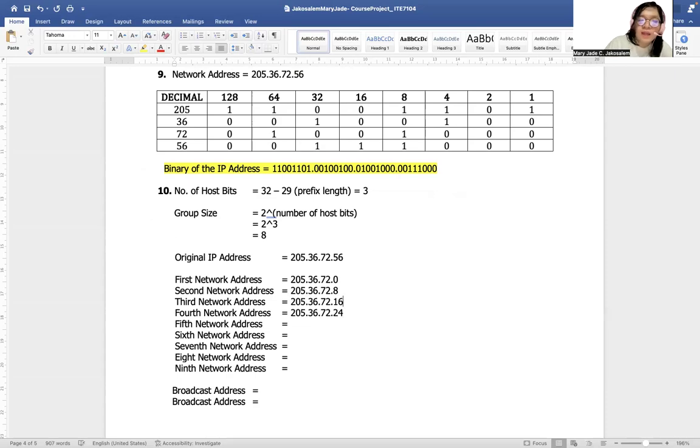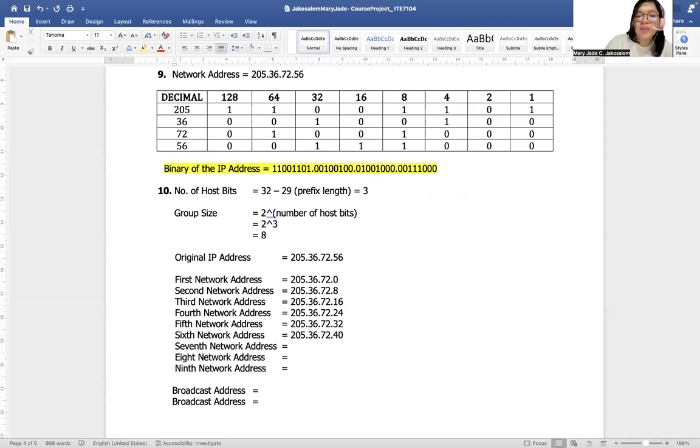Fourth network address, where we added another 8, is 205.36.72.24. Still less than 56, so another one. So the fifth network address this time is 205.36.72.32. Still, 32 is less than 56, so another one.